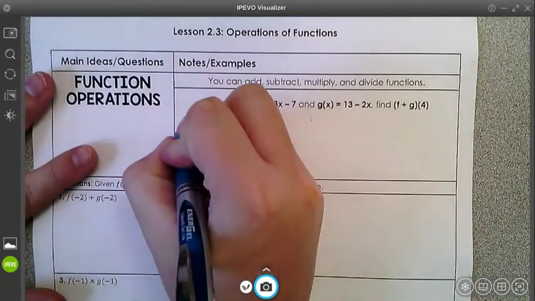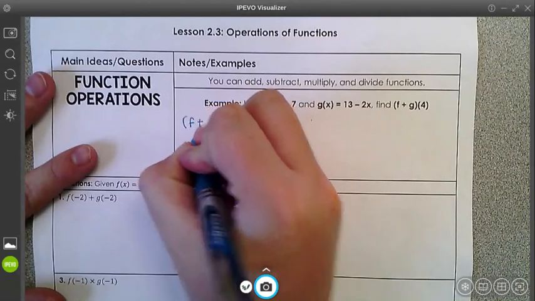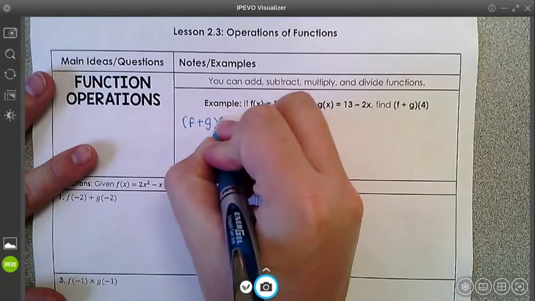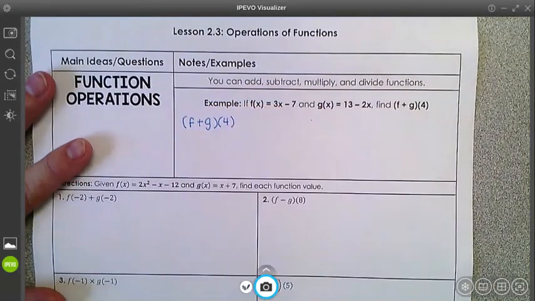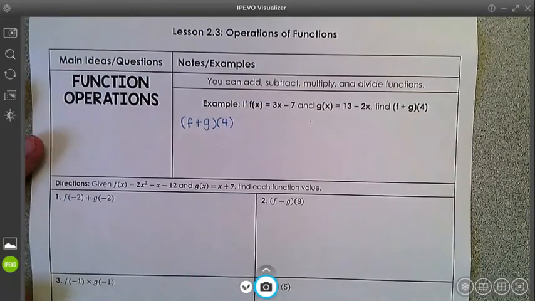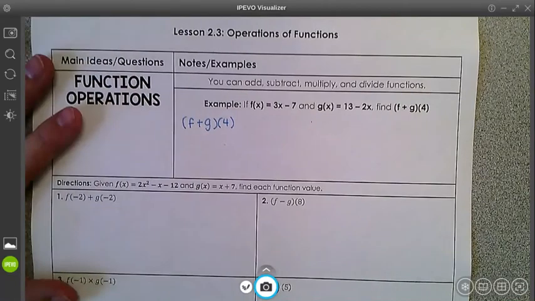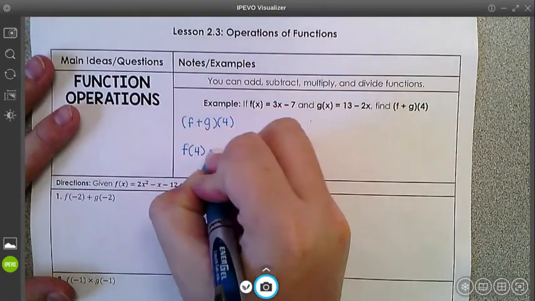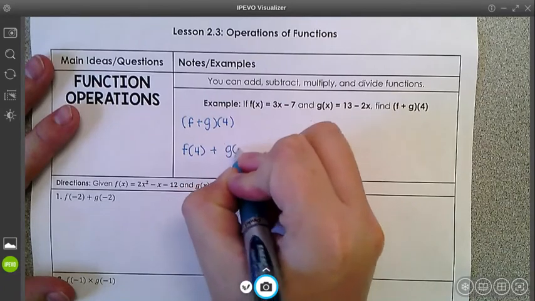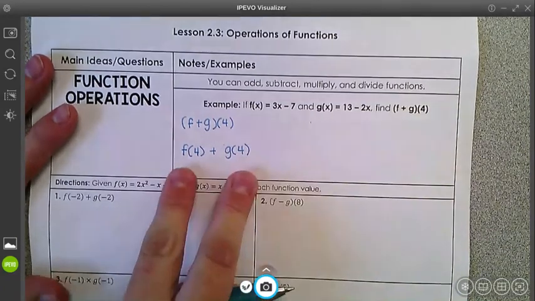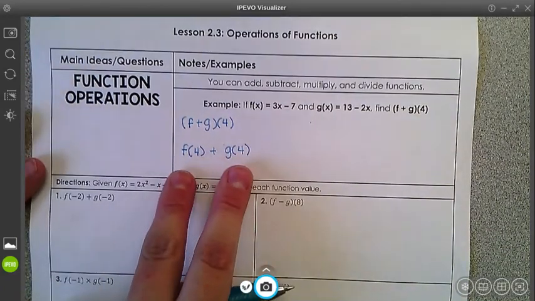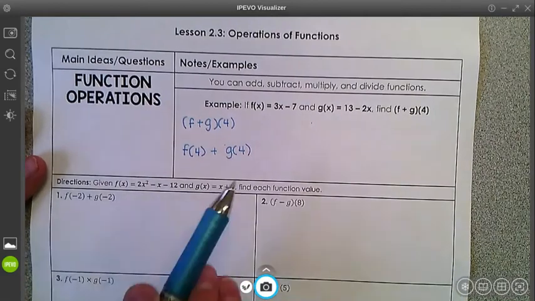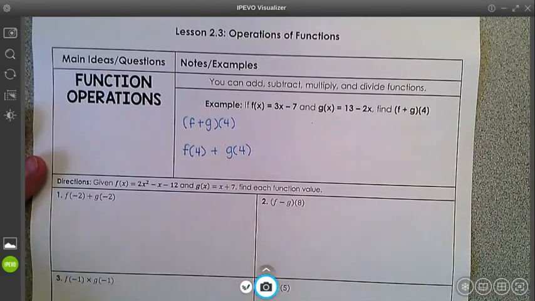One of them is like this: f plus g of 4. What that really means, in a way to write it a little bit simpler, is f of 4 plus g of 4. So we're just going to be evaluating two separate functions and then adding their answers together.